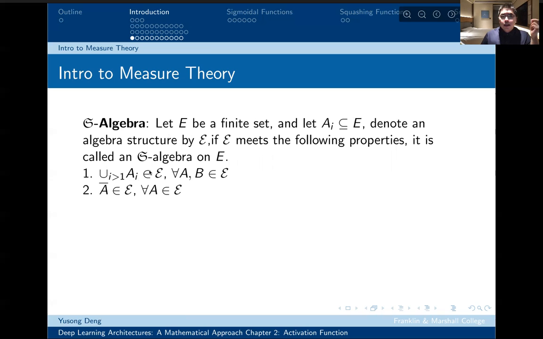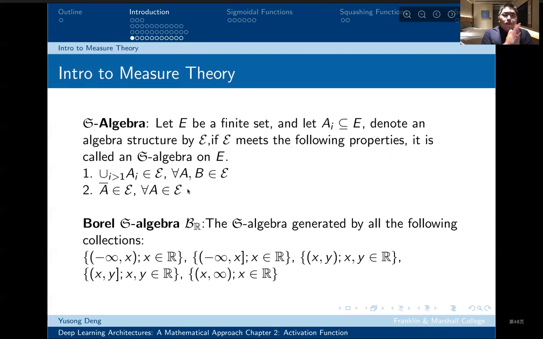It can be an infinite union, or a finite union. And the second thing is that the complement of any set in it is also in this algebra structure. So these are the most basic sigma algebra properties. And if you apply De Morgan's law, you can also see that as long as you have a finite intersection, the intersection shall also be in the algebra structure, and that is enough.